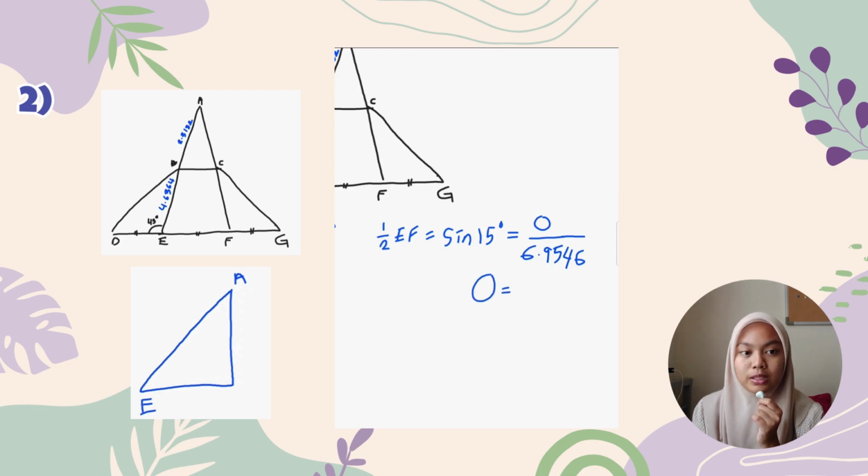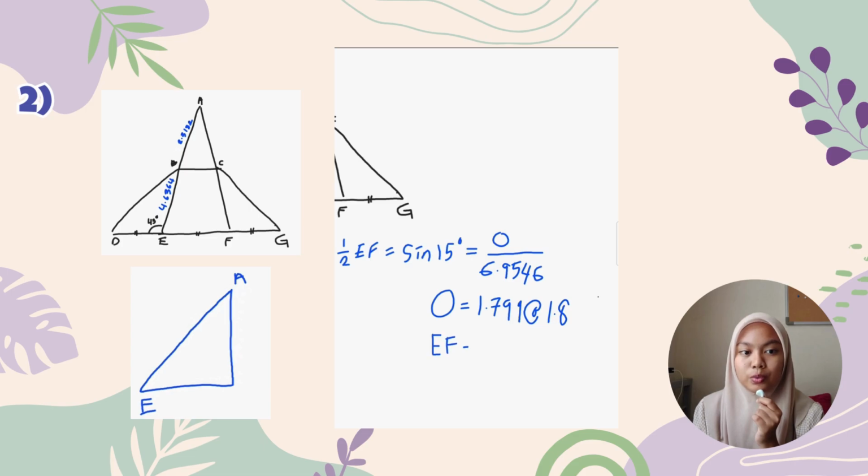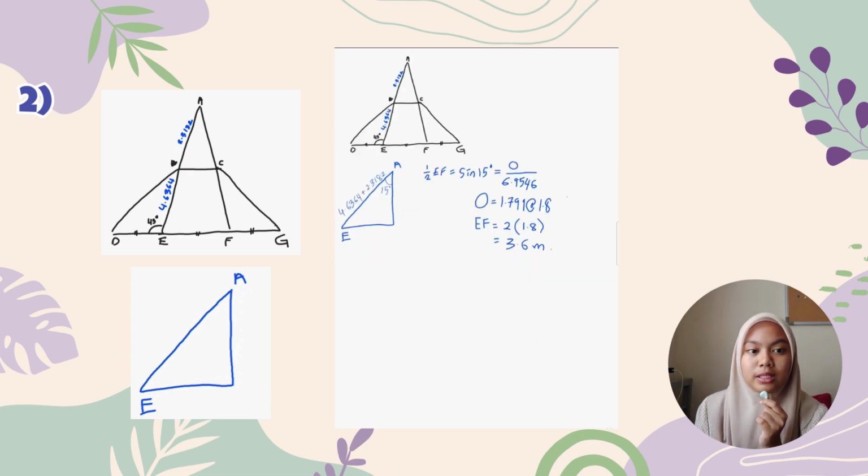So O is equal to 1.799 or 1.8. So we know that EF is 2 multiplied with 1.8 equal to 3.6 meters. So EF is equal to DE equal to FG.